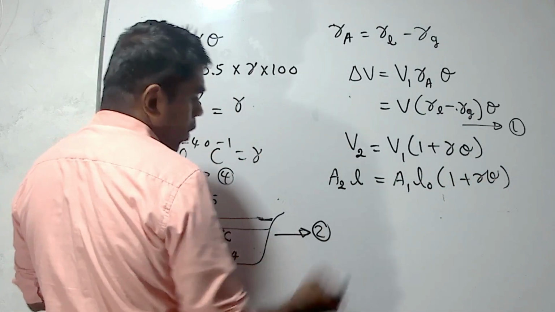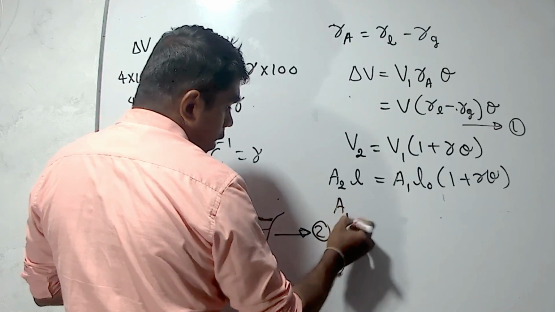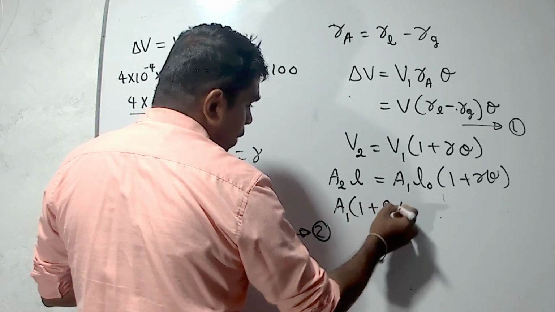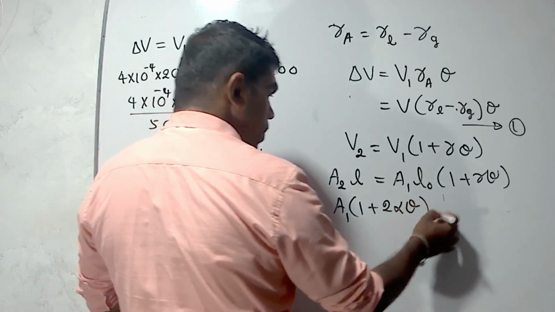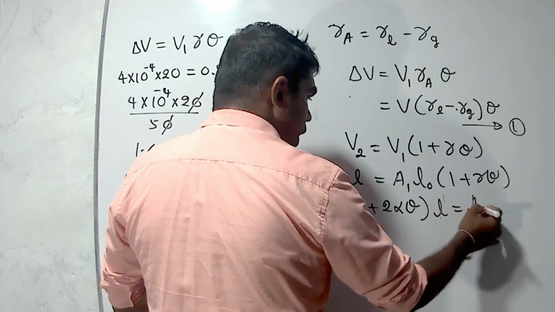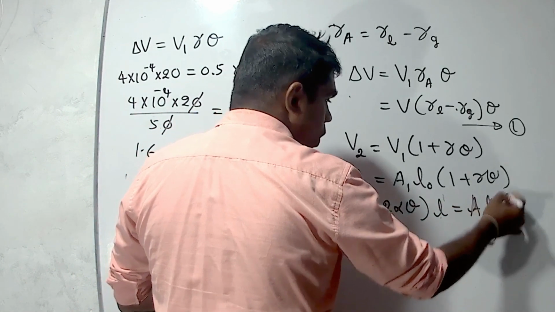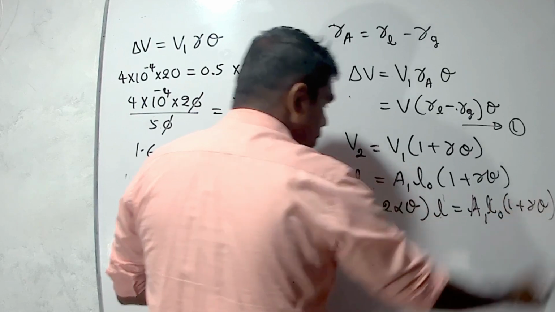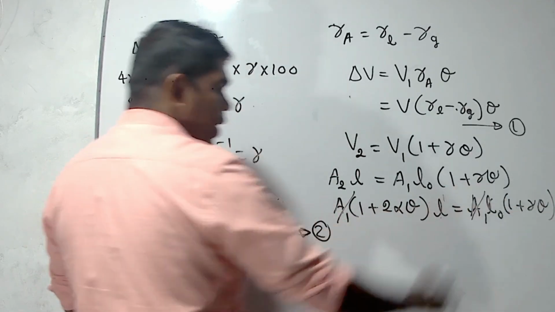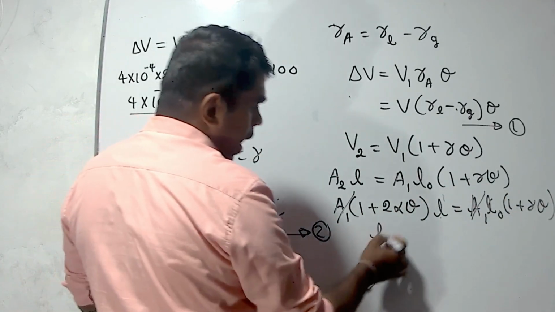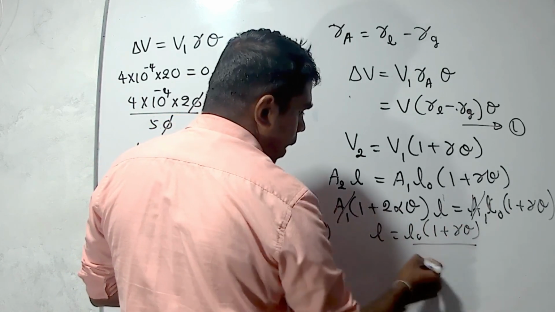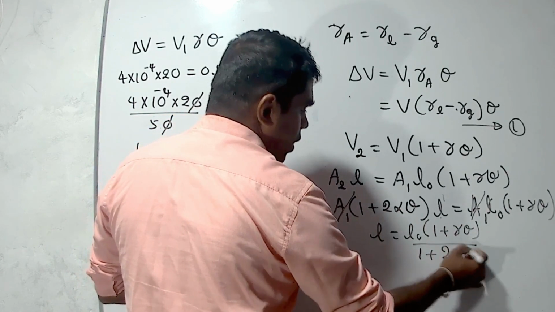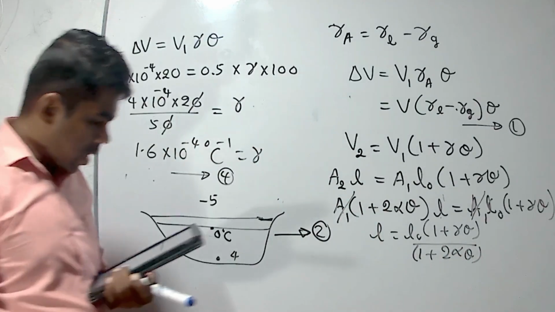We can write A2 as A1 into 1 plus 2 alpha theta. A1 L0 into 1 plus gamma theta. Then we can cancel out the A1 term and the length is L0 into 1 plus gamma theta divided by 1 plus 2 alpha theta. Then the answer is 4.